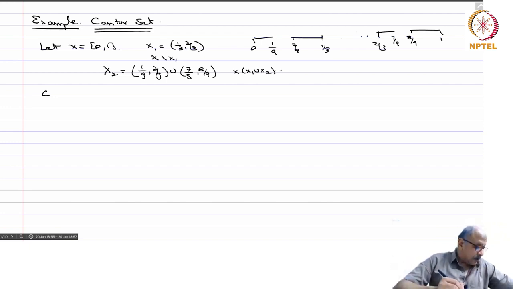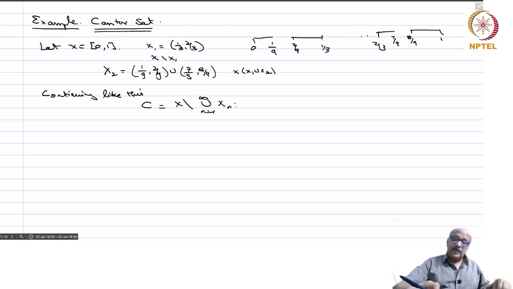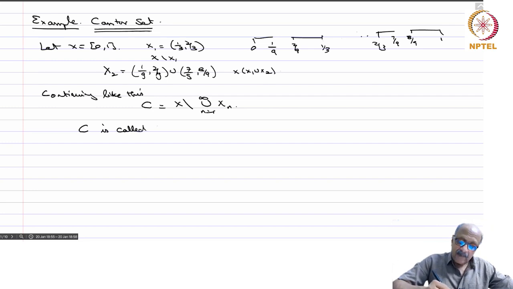Continuing like this, we define C to be X minus the union over n equals 1 to infinity of xn. Okay, so xn is nothing but the middle thirds of the previous thing here. Now C is called the Cantor set.